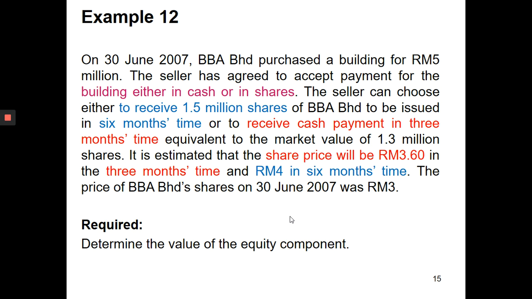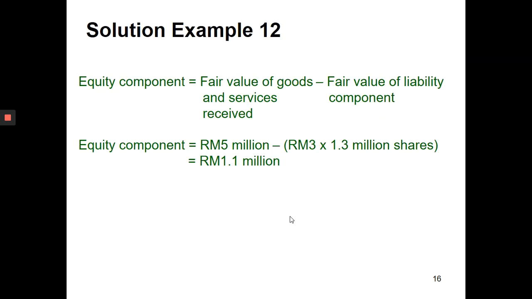So what you need to do is take this into consideration by identifying the liability component, and we need to split it. How much is the liability component? Because we do not know, maybe equity, maybe liability. So we split it, and we know the liability component.